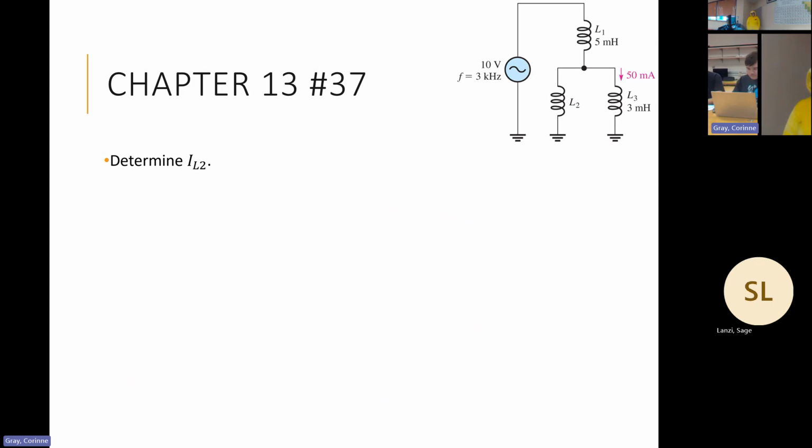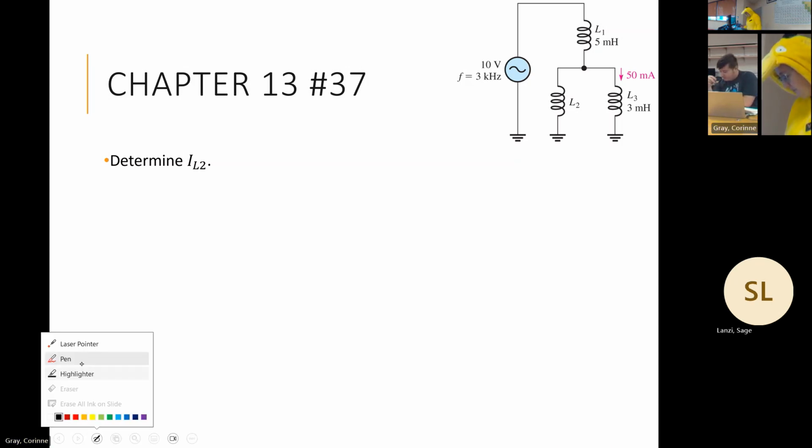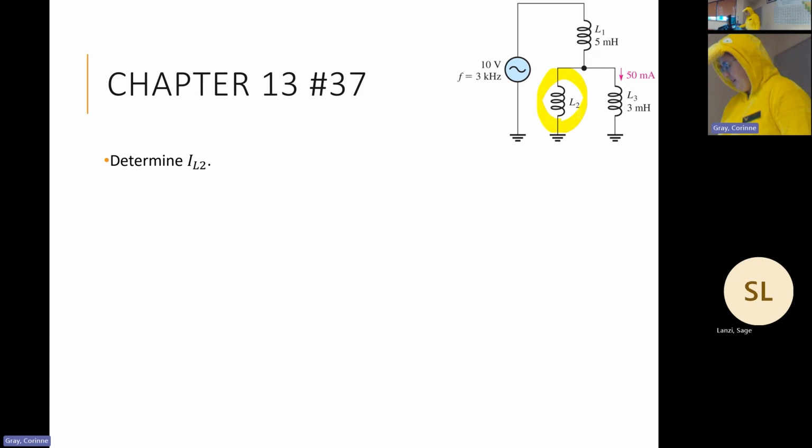So for this one here, we are determining the current through inductor 2. That would be this one here. I want you to work on figuring out how to set that up and solve for it.